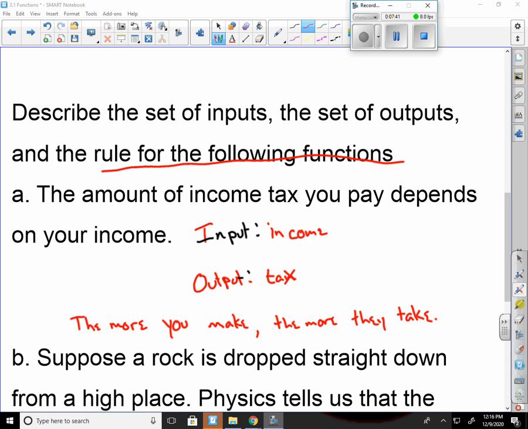So for every dollar they make over $300,000, they're going to be giving 56 cents of that dollar away in taxes. So they'll be taking home less than half of what they make. So the more that you make, the more your tax percentage increases. So the more you make, the more they take.